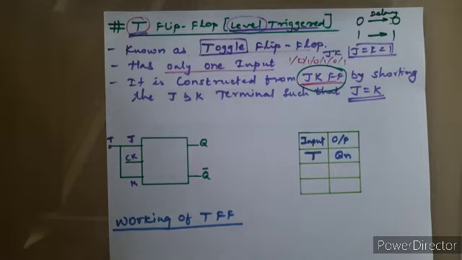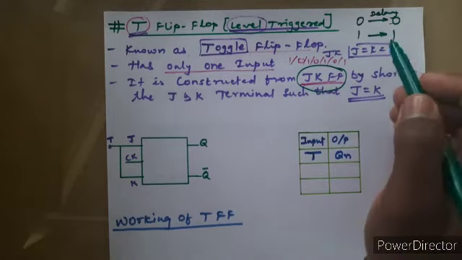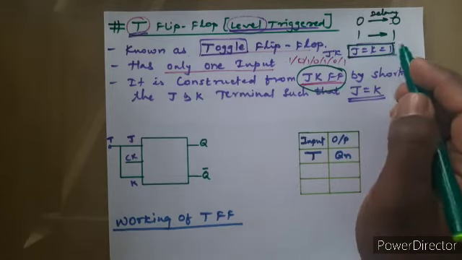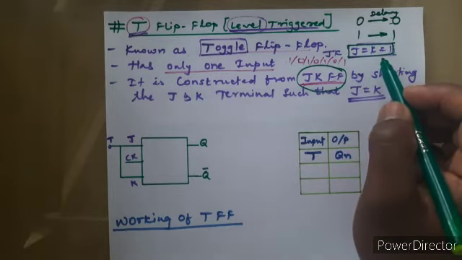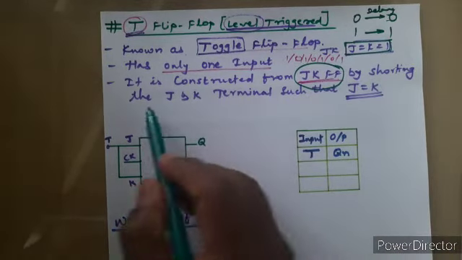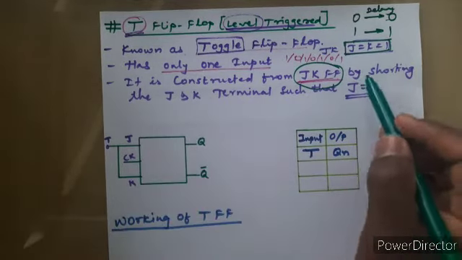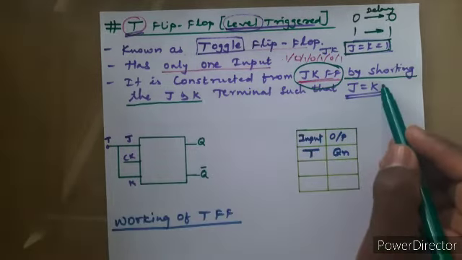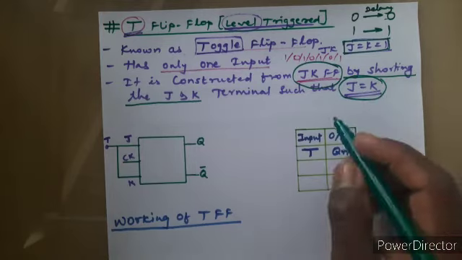No SR flip-flop can be used to construct this, because the toggling condition happens only for the JK flip-flop when J is equal to K is equal to 1, right? And this can be constructed by shorting the JK flip-flop terminals such that J is equal to K.